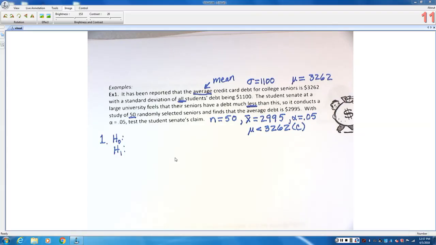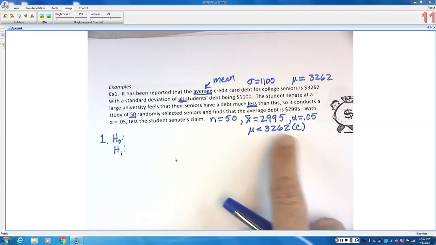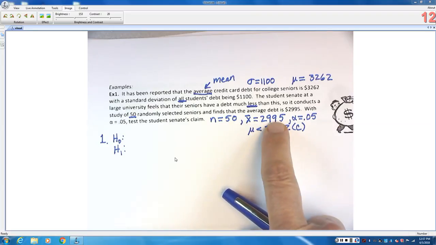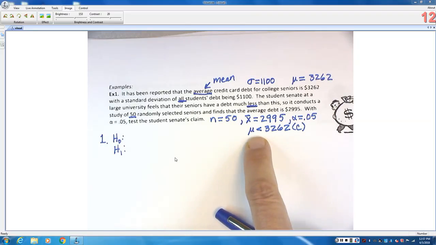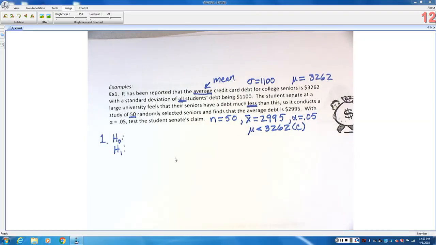The problem gives us a claim and a population mean, and it gives us a sample mean, and we're testing this claim. So first we figured out, is it a mean or a proportion? We saw the word average in there, it's a mean.